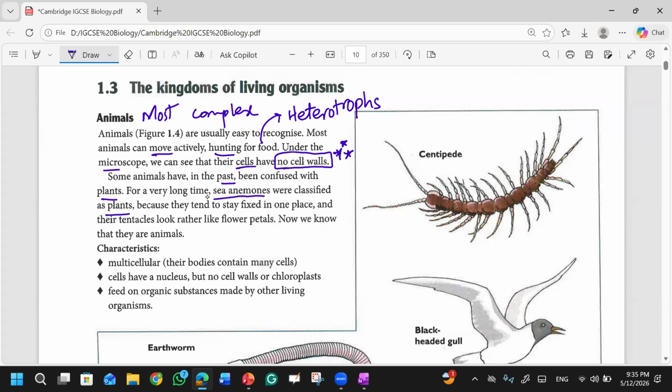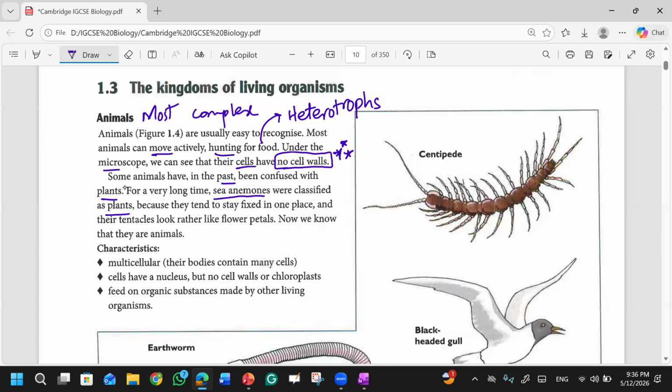They must be in the animal category, but they were placed in plants on the basis of their position, because sea anemones remain still. They don't move. They tend to stay fixed at one place. So on this basis, biologists placed sea anemones in the plant category.